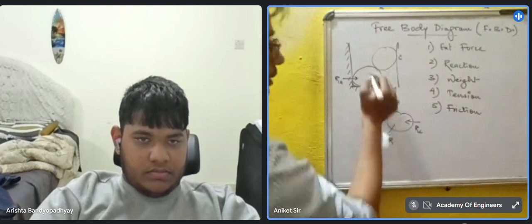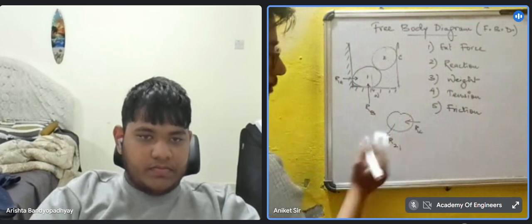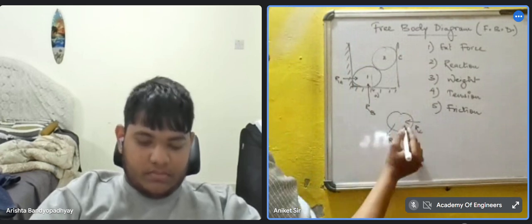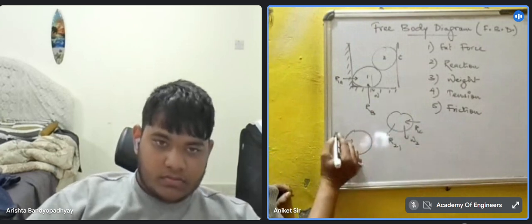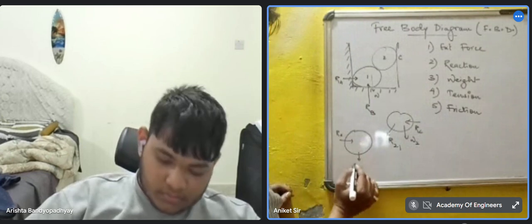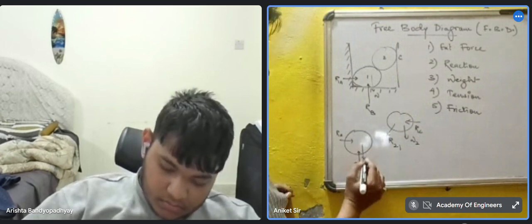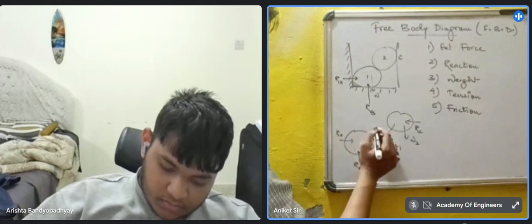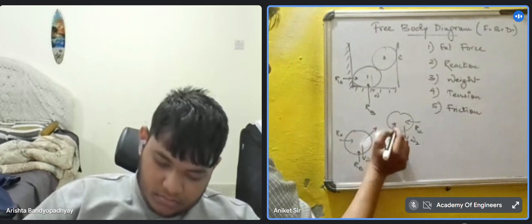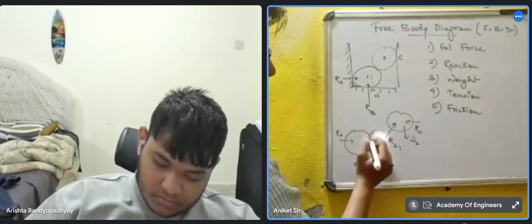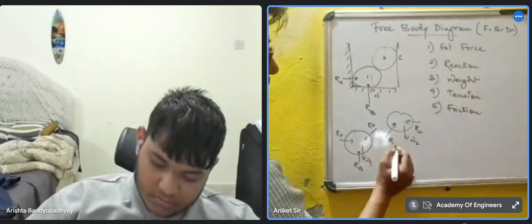If it is ball 1 and ball 2, the reaction from 2 to 1 is R21, and its weight W is downward. For ball 1, it is RA, RB, W1, and R21.